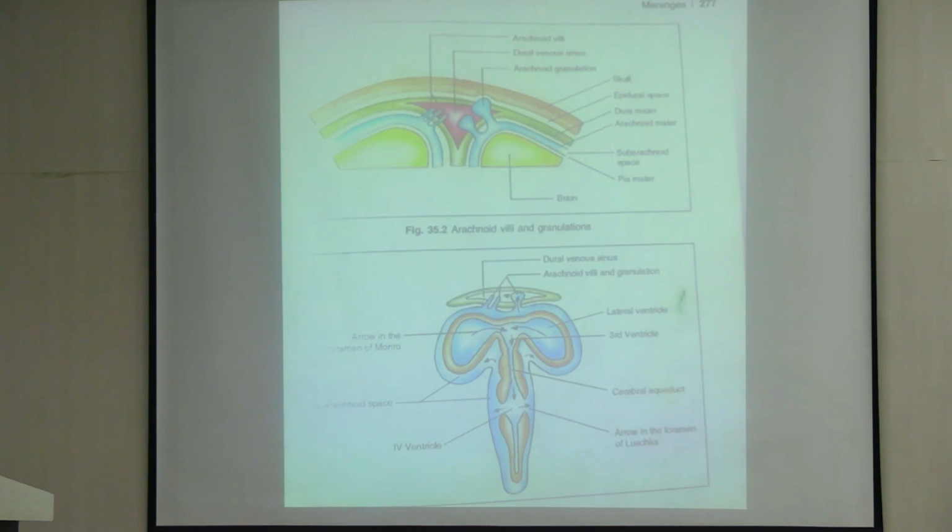And there is no valve in the dural venous sinus, so blood may run in both directions. But in some veins there are valves, right? So this is the venous sinus. There are so many dural venous sinuses, you should learn them later on. Now come to the other modification of the dura mater.